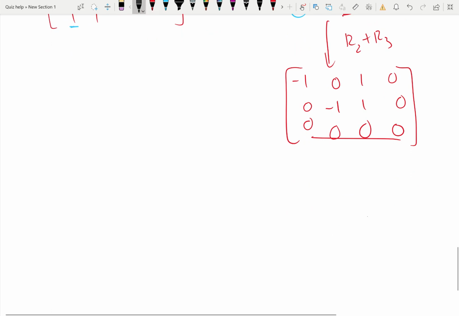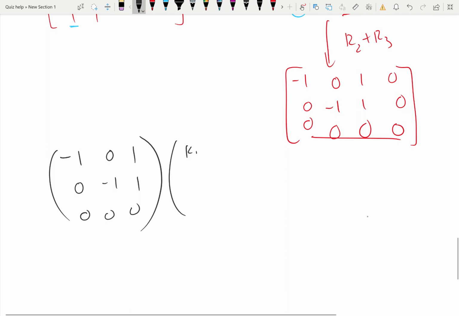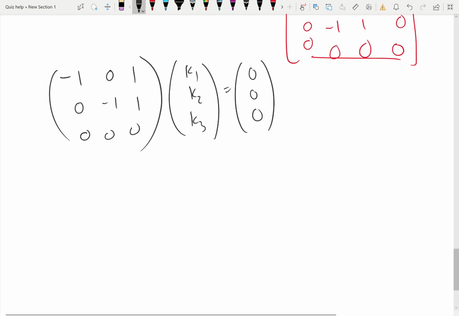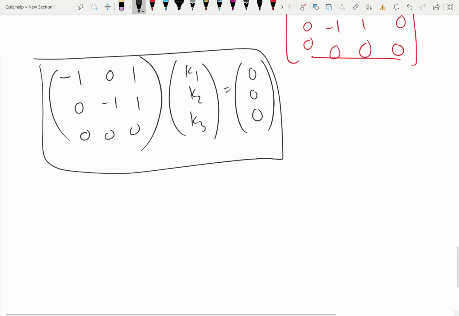Now let's write the matrix equation: negative 1, 0, 1, 0, negative 1, 1, 0, 0, 0 times little k1, k2, k3 is equal to 0, 0, 0. Now let's write down the equations out of this matrix equation. Negative k1 plus k3 is equal to 0 from the first equation.